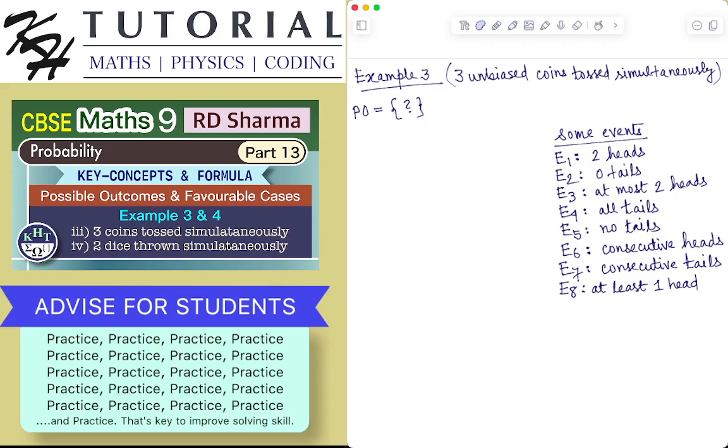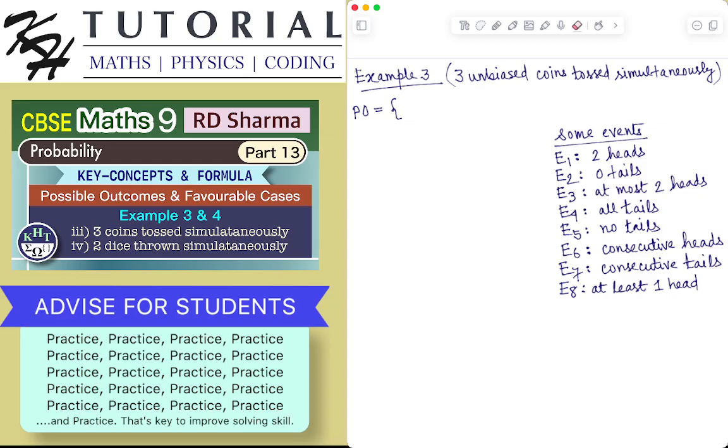Okay, so example 3: the experiment is 3 unbiased coins are tossed simultaneously. First, as usual, let's try to find all the possible outcomes. There are 3 coins, so each individual coin can show up a head or a tail. So I will list all the possible outcomes.